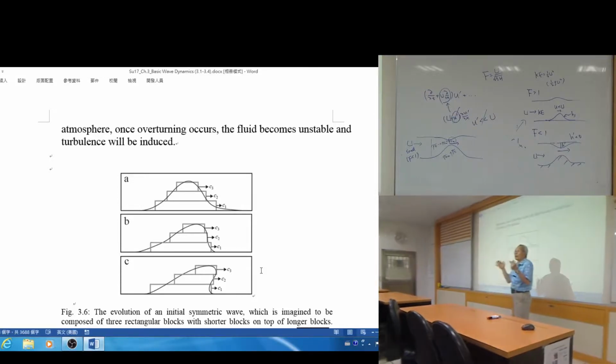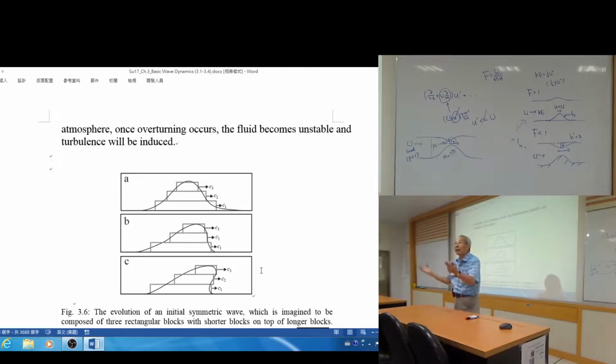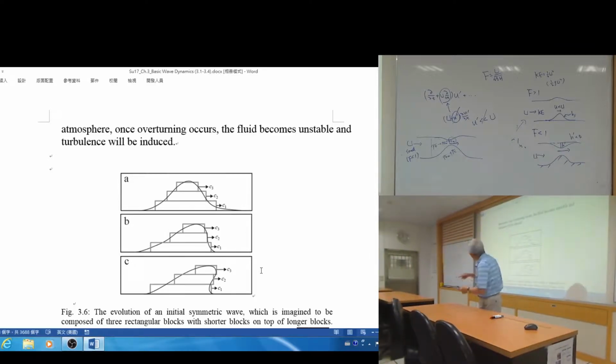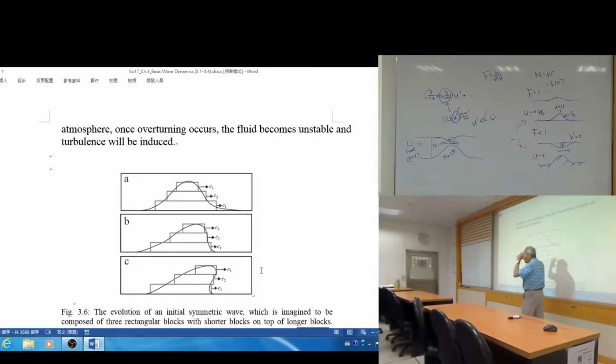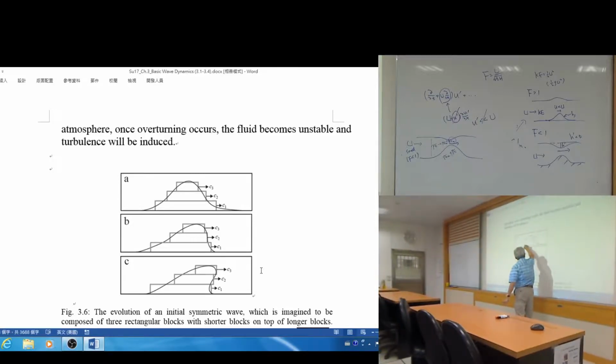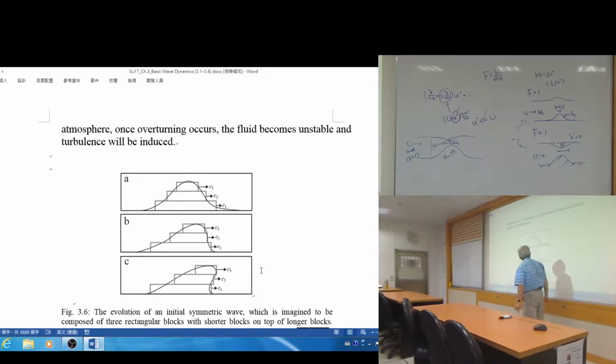Of course, you can use more blocks, like 100, just like calculus, then it becomes very close to the real wave. So just simply consider roughly we have 3 water blocks like this.